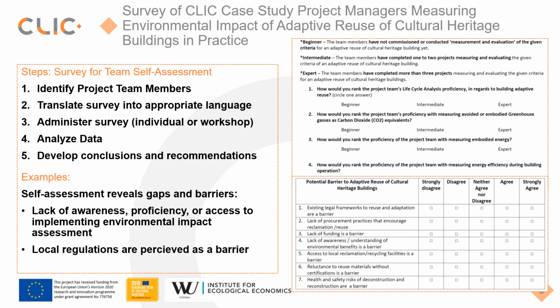And for barriers, it's also, again, very simple: a simple strongly disagree to strongly agree scale with certain statements. So it's very easy to implement, quite straightforward, and would be useful for any team wanting to assess their project team's strengths and weaknesses.